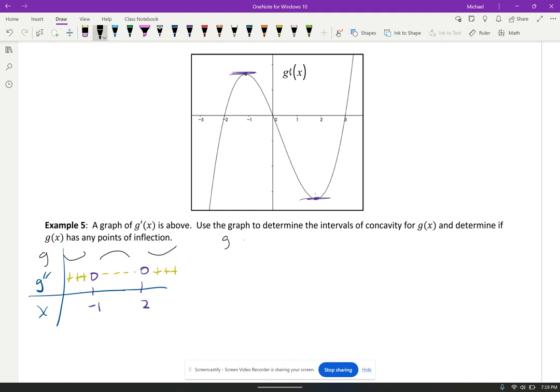So g is concave down on the interval from -1 to 2, -1 less than x less than 2. Because, how do we know this? G prime is decreasing, which means the second derivative is negative.